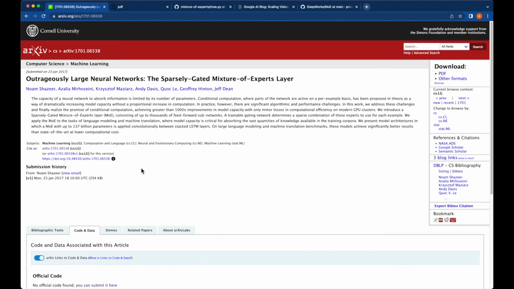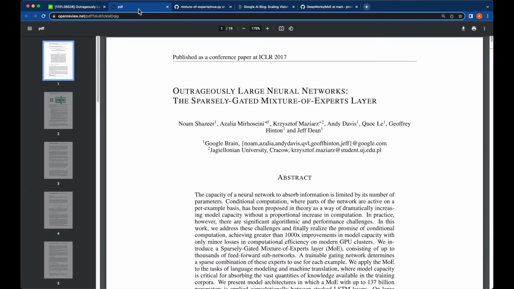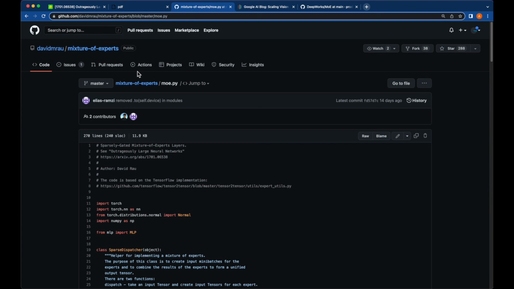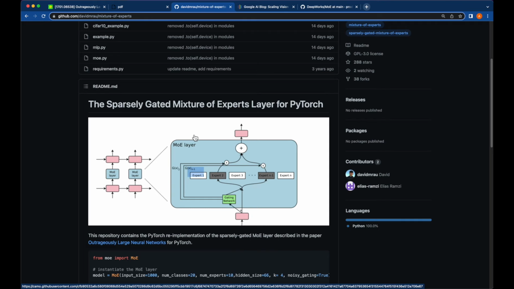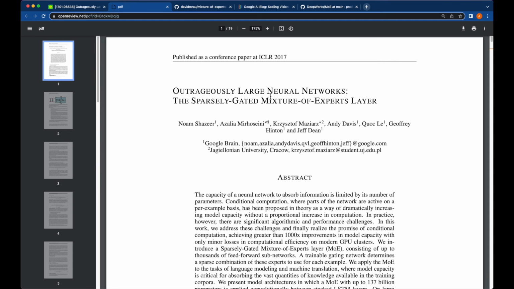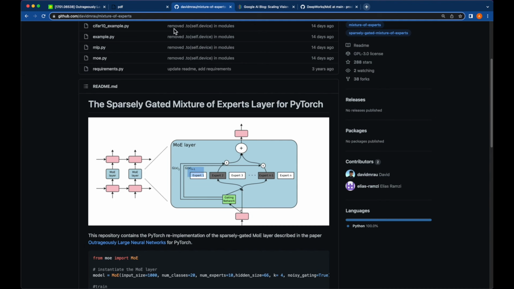The detailed research paper on sparsely-gated mixture of experts, or SGMoE, is one of the best resources for you to review. If your interest is in the code, then I would suggest you look into the mixture of experts implementation here, and this implementation is totally based on this SGMoE research paper by Google.